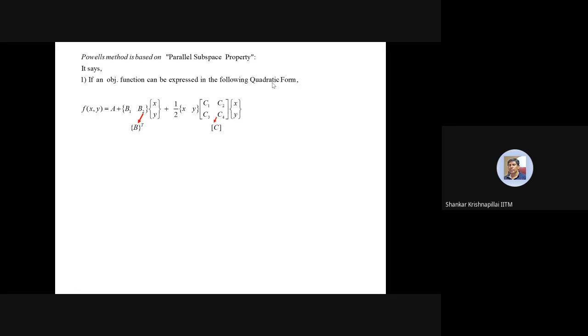So if an objective function can be expressed in the quadratic form, and only a quadratic objective function can be exactly represented in the quadratic form. Suppose I have a quadratic function like this: x squared plus y squared plus 2xy plus y plus x plus 20 is equal to 0. Then it is possible to rearrange the objective function in this manner.